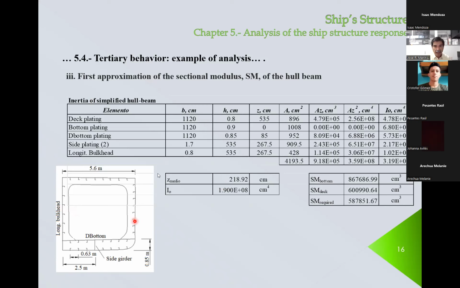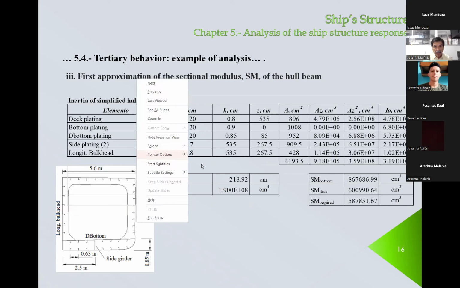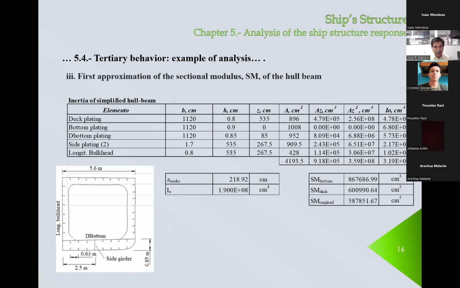Let me draw it here. So here, let's suppose that more or less here we have d over 2. And you see that this number is below that. So that's fine. So this is our axis.